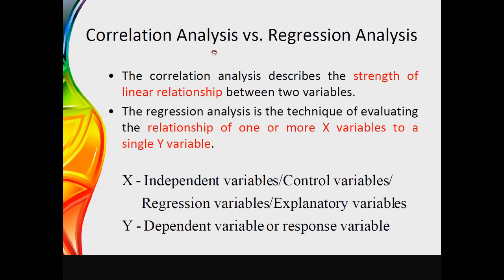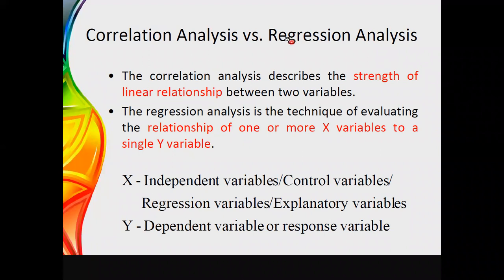Looking at the other differences between correlation and regression analysis: in correlation analysis, we measure the strength using just a value. But in regression analysis, we obtain an equation to describe the relationship among the set of variables.